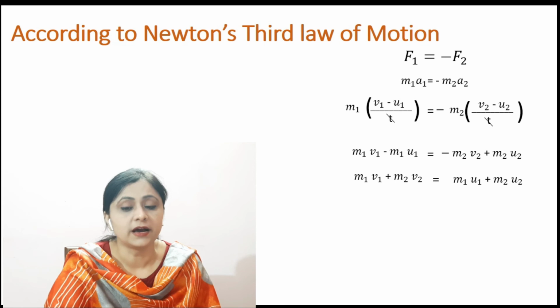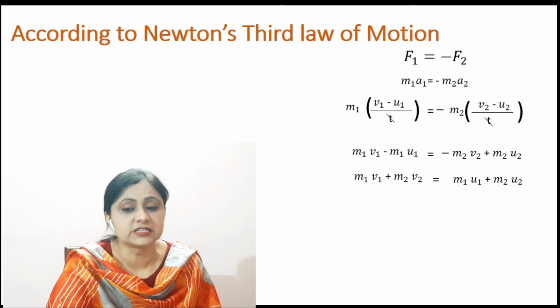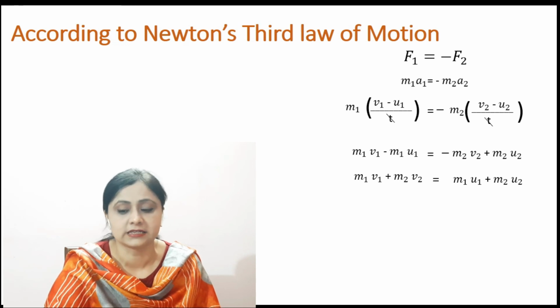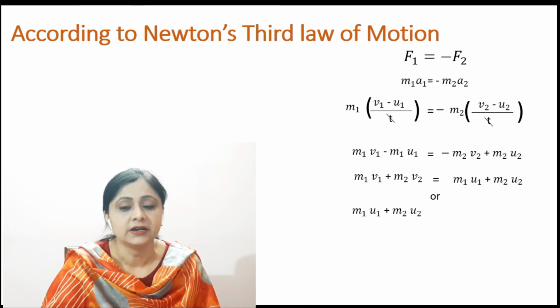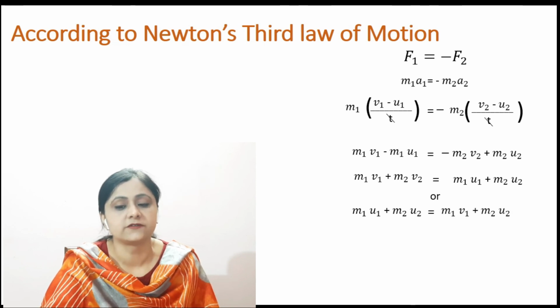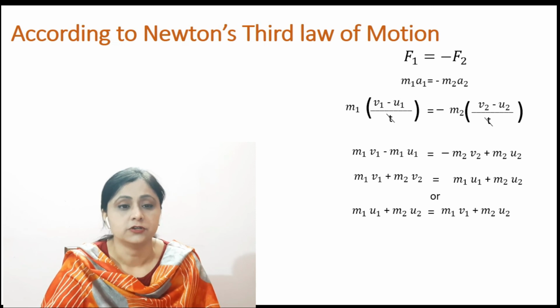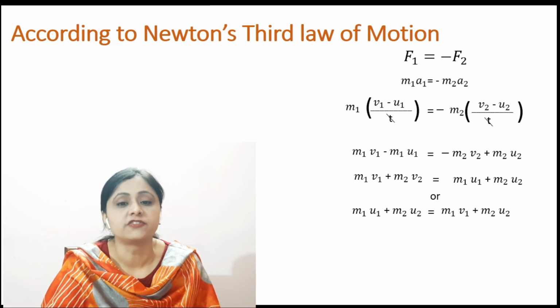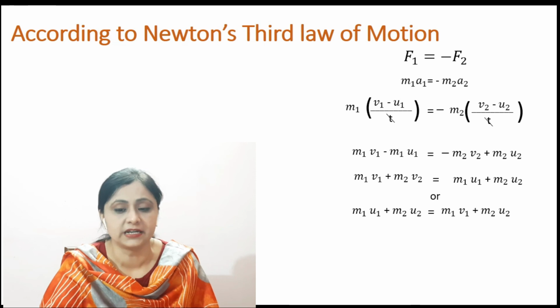If x is equal to y, we can also write y is equal to x. So m1 u1 plus m2 u2 is equal to m1 v1 plus m2 v2. This was the derivation of the conservation of momentum.